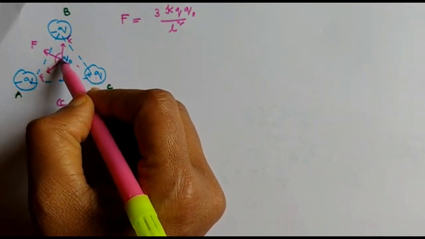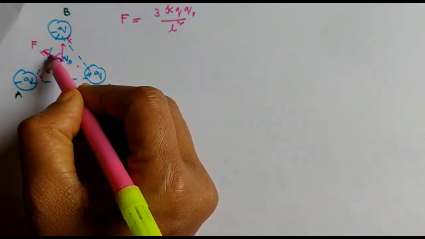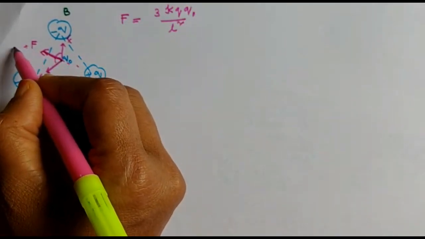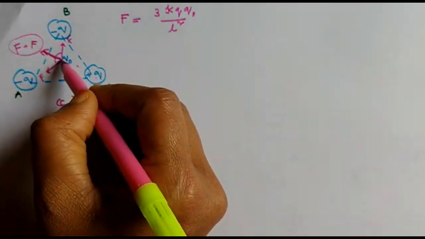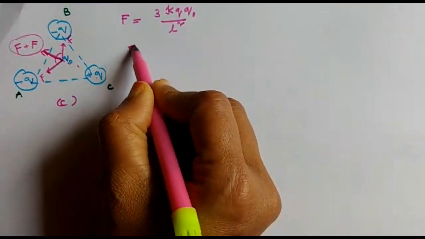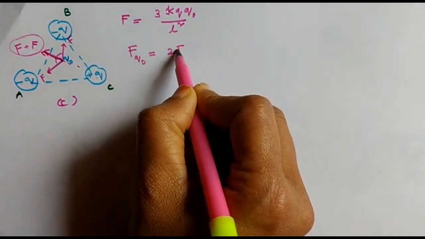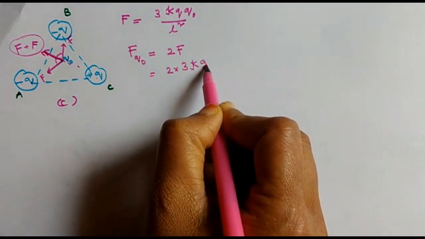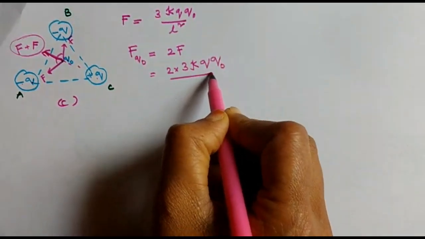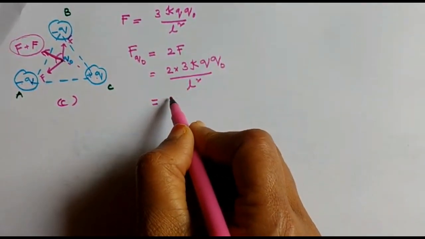So the resultant would again act along the line joining the center, that means along this line, with the same magnitude F. Now we have two forces acting along this line. So the net force acting on Q0 would be 2F, that is 2 times of 3K Q Q0 divided by L square. You can replace K as 1 by 4 pi epsilon naught.